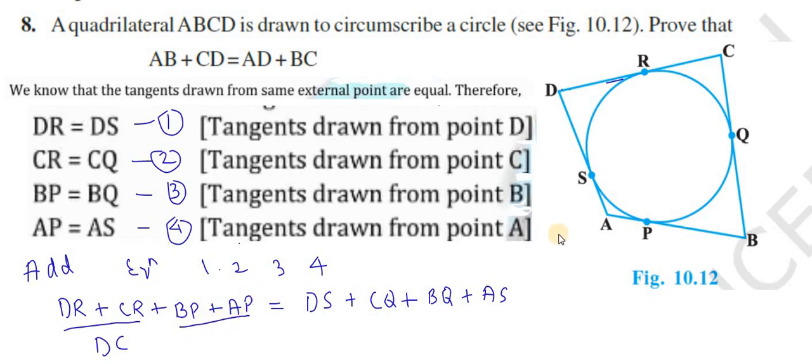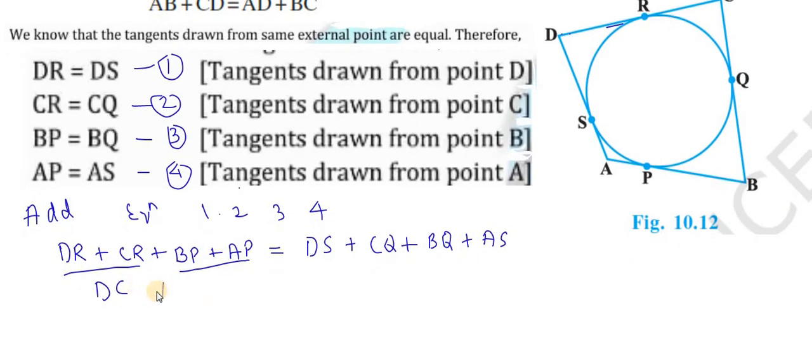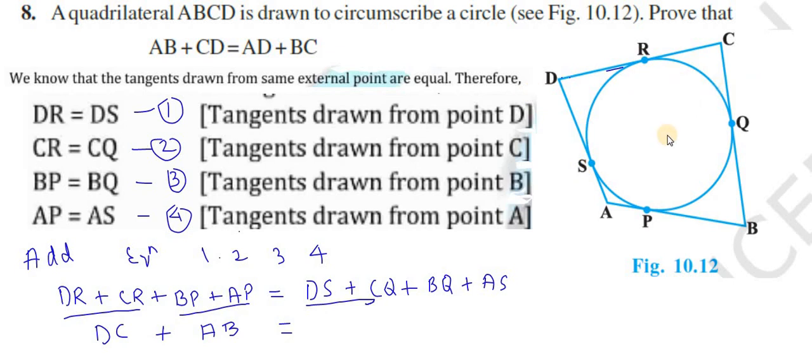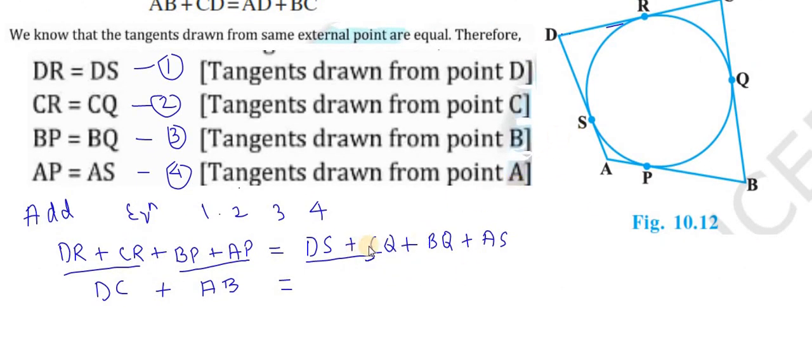AP plus BP is nothing but AB. On the right, DS plus CQ is there, but we're not able to write it directly, so I'll rearrange: DS plus AS, then BQ as it is, then plus CQ. If we rearrange the places, there is no change in any values.